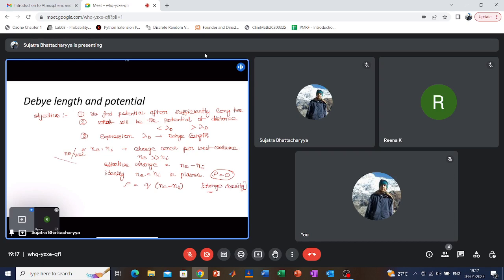Okay. Also, we know that from Gauss law of electrostatics that del dot E, the electric field, is nothing but rho by epsilon naught, where rho is the charge density and E is the electric field. This we know.